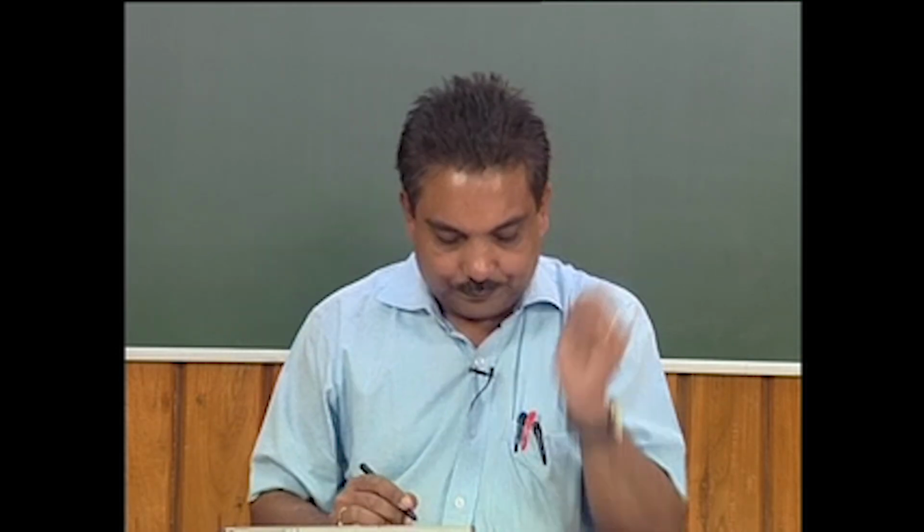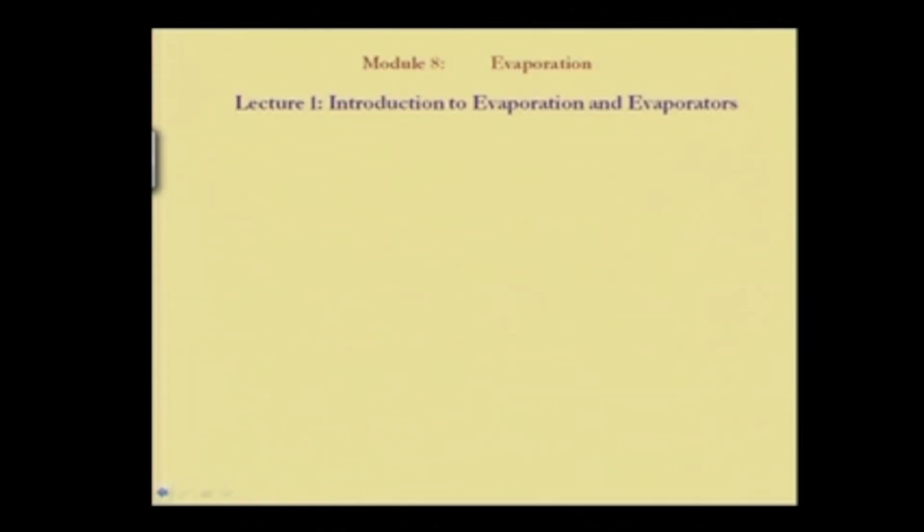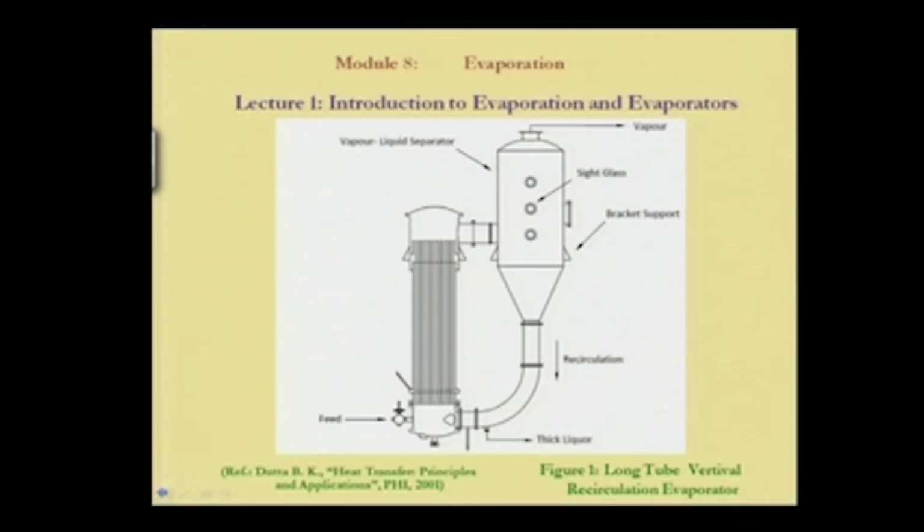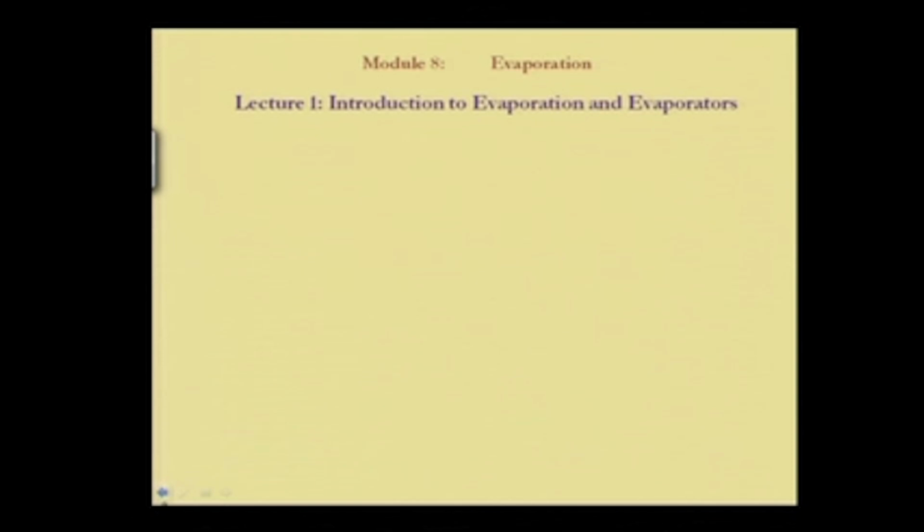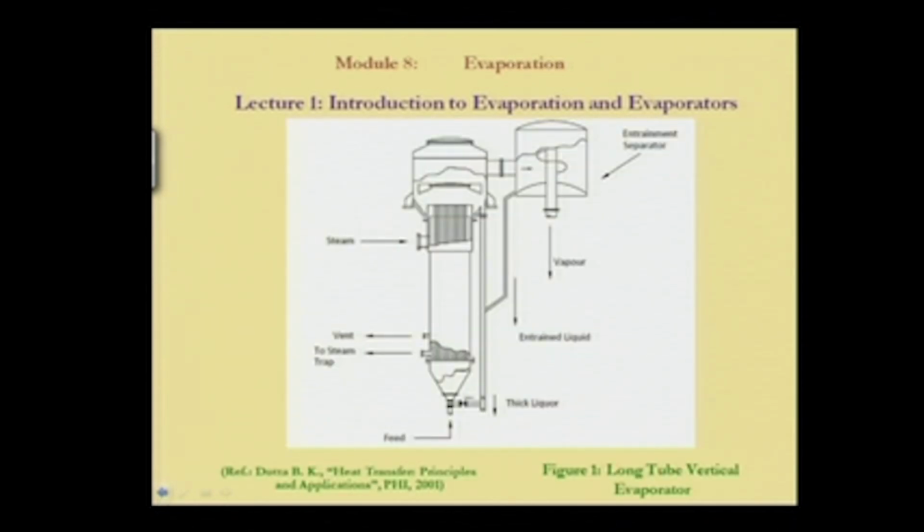Now, the another type, as we have seen, is the long tube vertical evaporator. This also goes by the natural circulation mode. What happens here is that the feed is coming here, and then the feed goes through this tube upward.